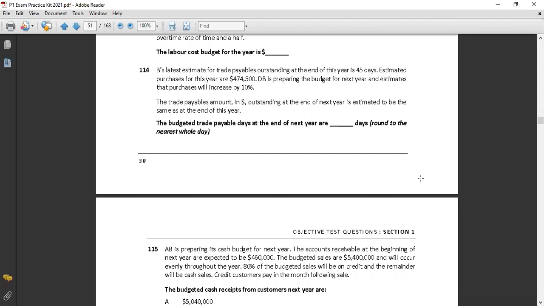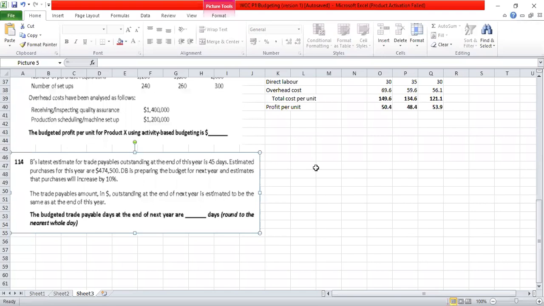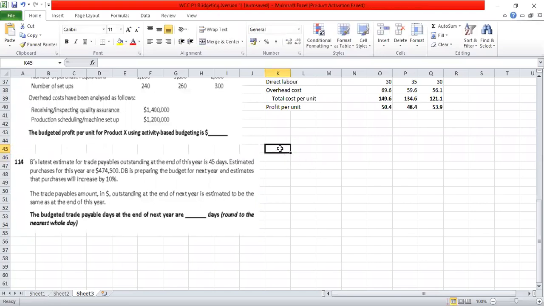The budgeted trade payable days at the end of the next year are dash days, rounded down to the nearest whole day. Trade payables outstanding at the end of this year is 45 days.